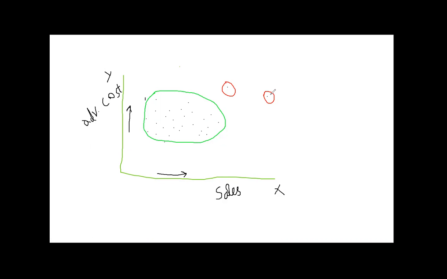Plot that particular column in an x-y plane, normal plotting. Visual detection is the best detection for outliers. If you see any particular points, two or three, lying away from the concentrated portion of the data set, that is an outlier.